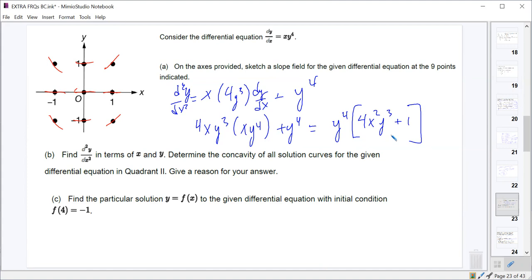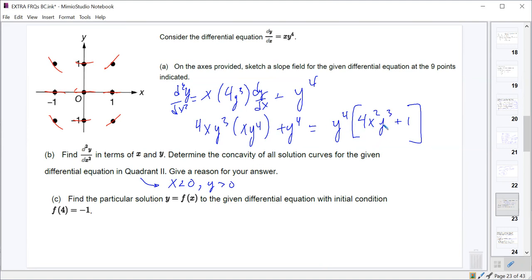And they want us to determine the concavity for all of the solution curves in the second quadrant. So in the second quadrant, we'll note that, and the best way to write this is something like x is less than 0, y is greater than 0. So if x is less than 0, 4x squared is still going to be positive, right? And if y is greater than 0, the y cubed is going to be positive.